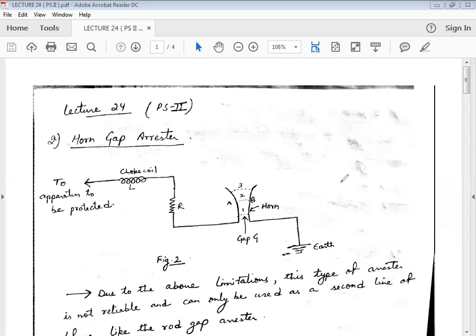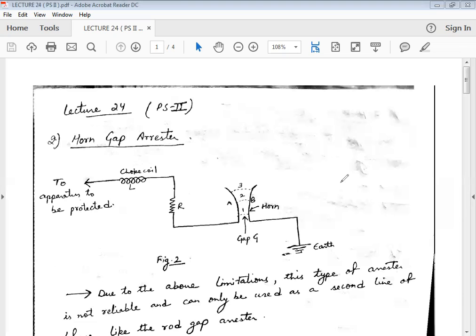Likewise, horn gap arresters are similar, but due to certain limitations in rod gap arresters, we use them as a second line of defense, because the metal rods get melted, or when the surge goes out, the arc cannot be demolished fully. It will take a larger time to demolish the arc.